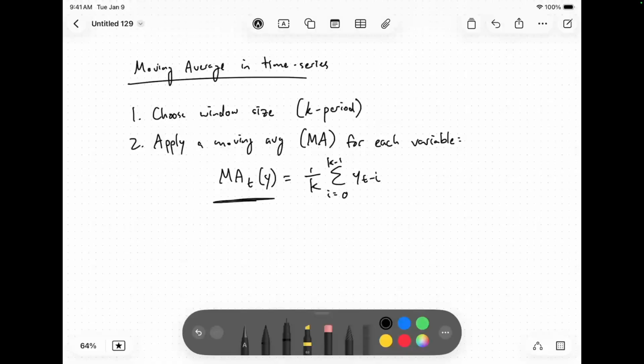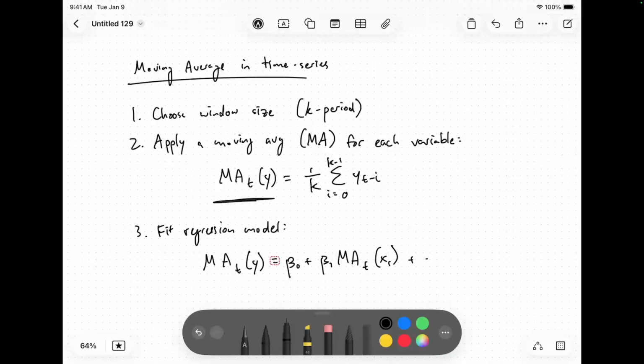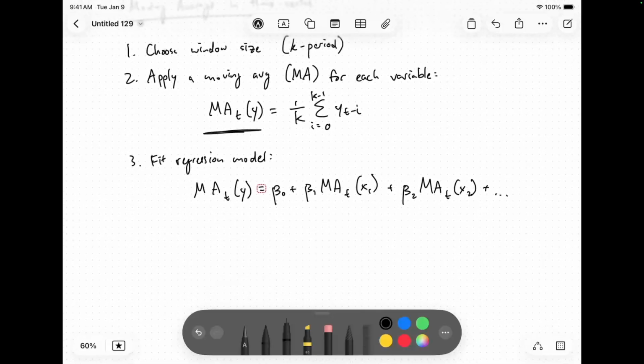Note this is our moving average variable, and then we can fit a regression model: MA t of y equals beta 0 plus beta 1 MA t of x1 plus beta 2 MA t of x2, and so on, up to beta n MA t of xn plus our error term.